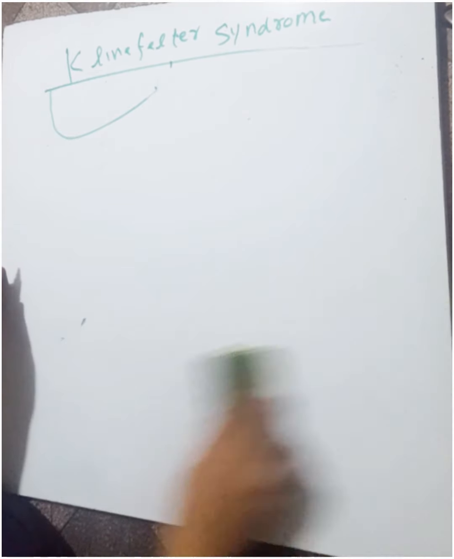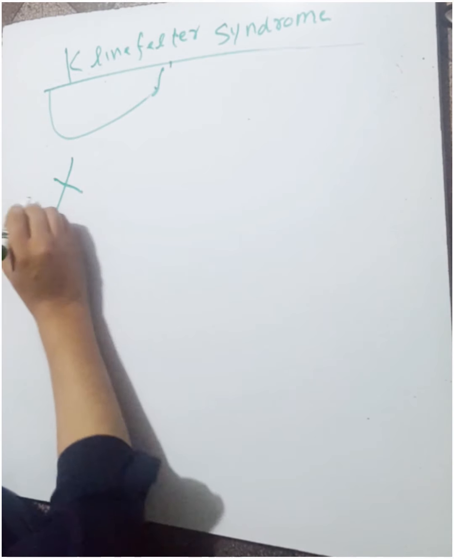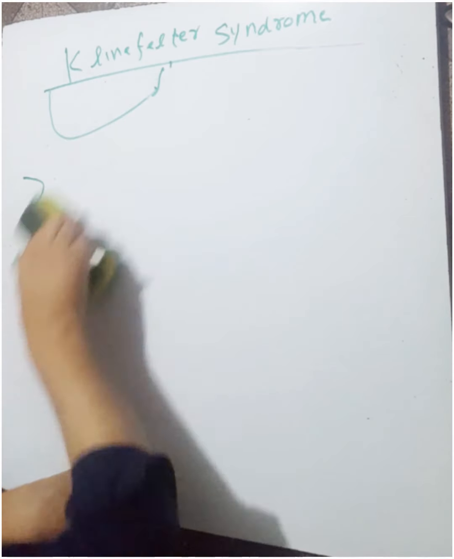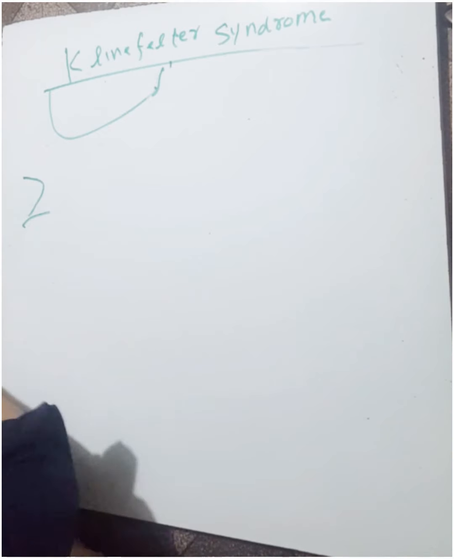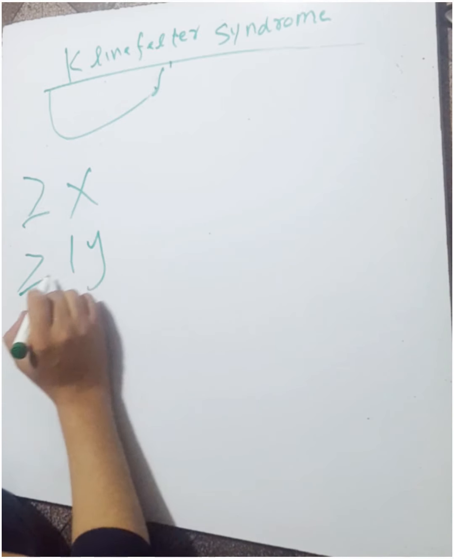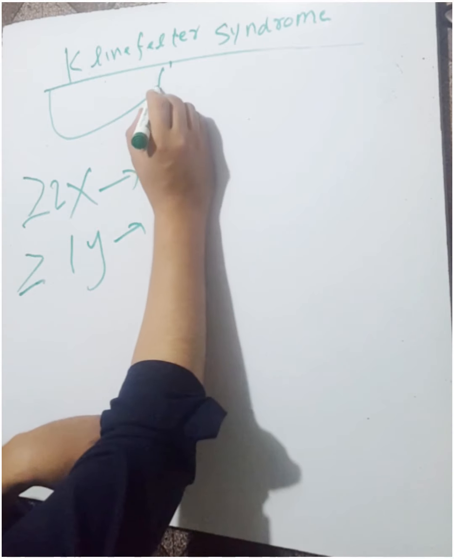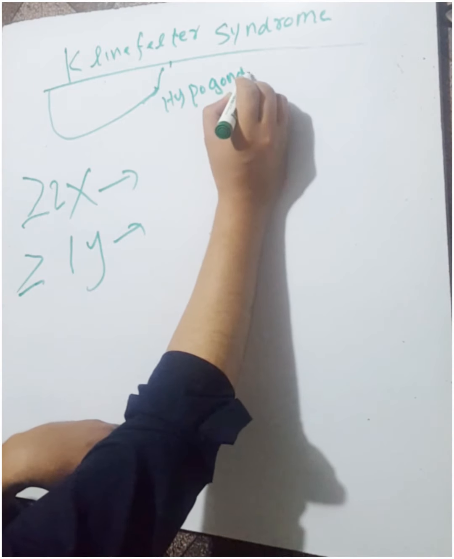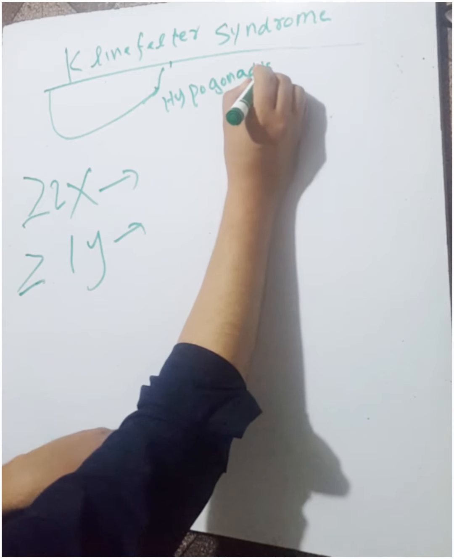Now we discuss Klinefelter syndrome. Klinefelter syndrome is a type of syndrome in which there are two or more X chromosomes and at the same time one or more Y chromosomes, and it presents with hypogonadism.